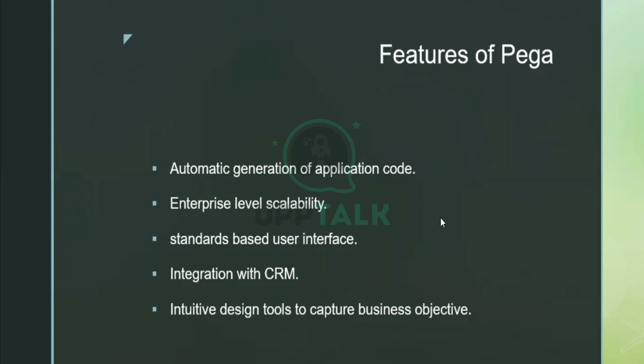Whatever methodology it is, Pega provides very catchy design features in order to capture the business objective. We have boards like Jira board, Kanban board, and others. But apart from that, in Pega itself we have agile workbench and many agile project features in order to track the business objective and deliver it.